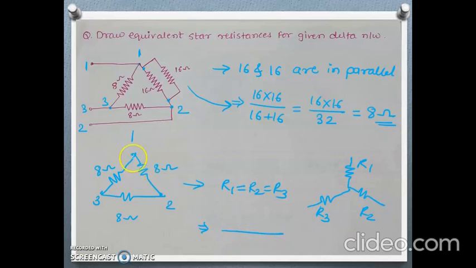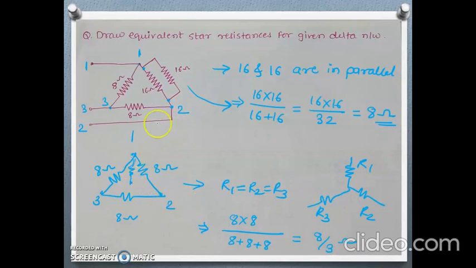So let's calculate. R1 is connected to point 1, so R1 is connected to this and this. So 8 into 8 divided by the sum of all, 8 plus 8 plus 8, so it will be 8 by 3 ohm. So the value of R1, R2 and R3 will be 8 by 3. In this way we can convert the given delta network to its equivalent star network.